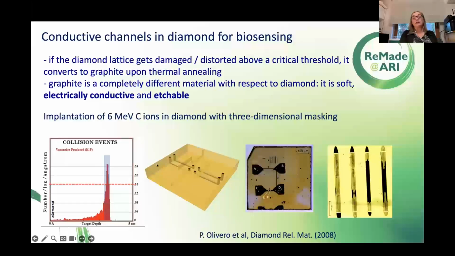So you can put a single cell on this and look at the response of the cell. You can make these beautiful conductive channels inside. And you can also use it for microfluidics, because graphite can be etched out, and then you have this empty space which can be then filled by fluid or something.